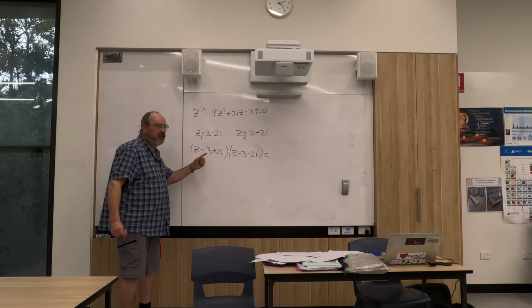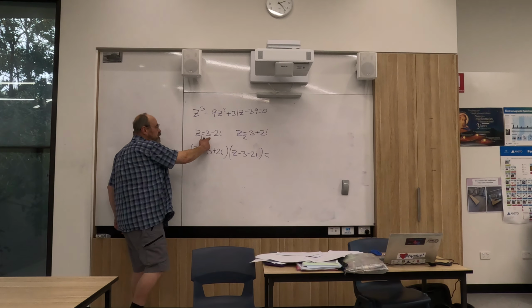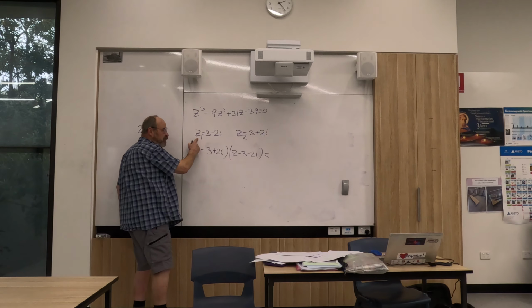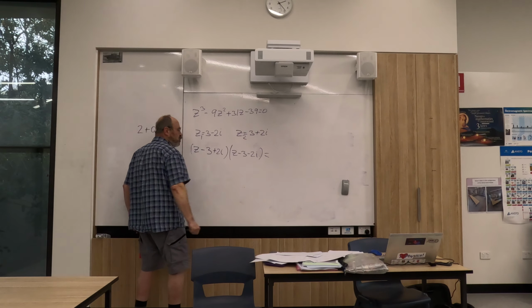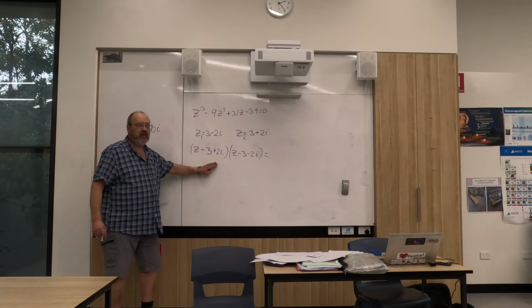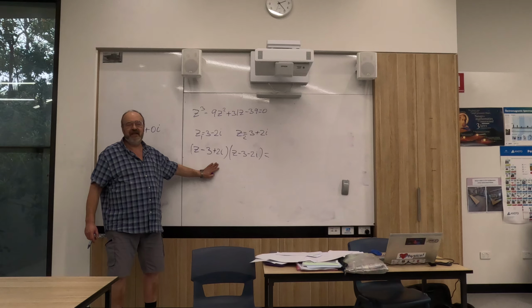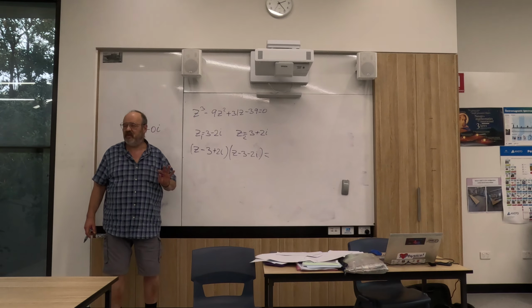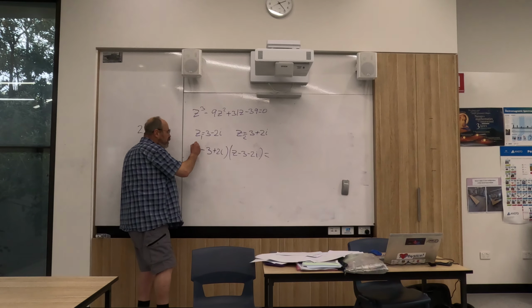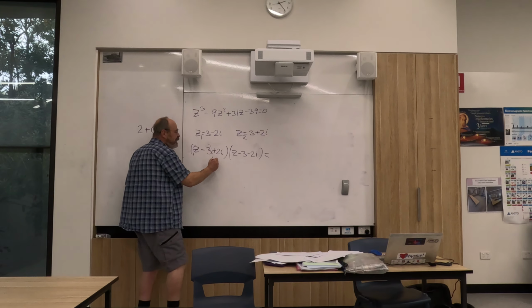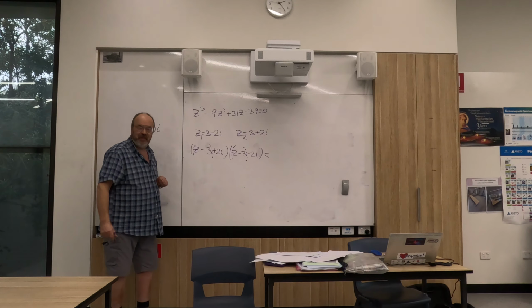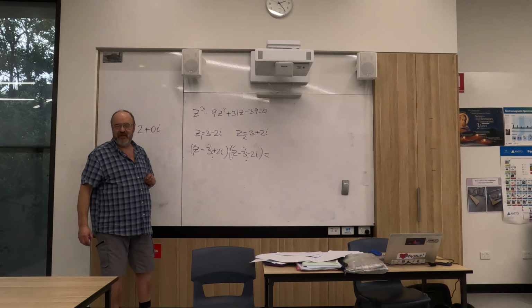Let's multiply these two factors, because if this is a solution, then z minus z1 is a factor, and z minus z2 is a factor. What will be the best way to multiply? Because we have 3 and 3, we group them, and it will become a difference of two squares.